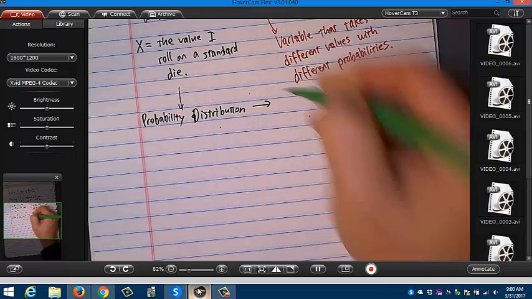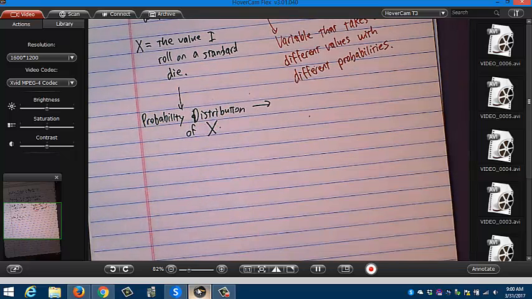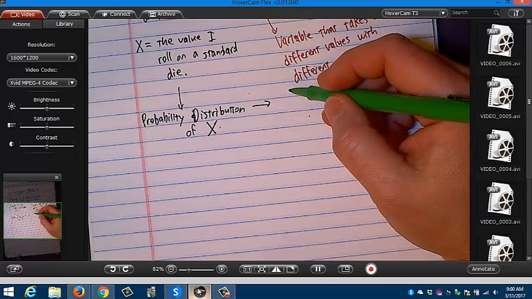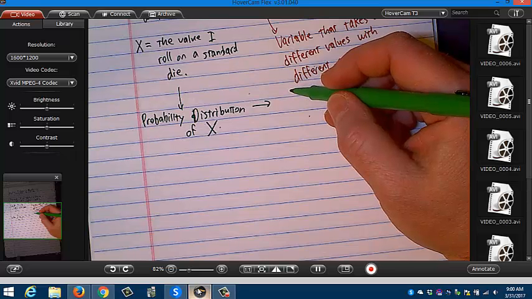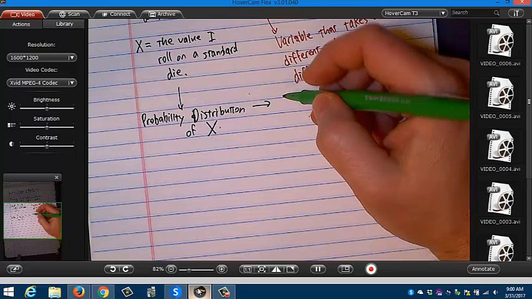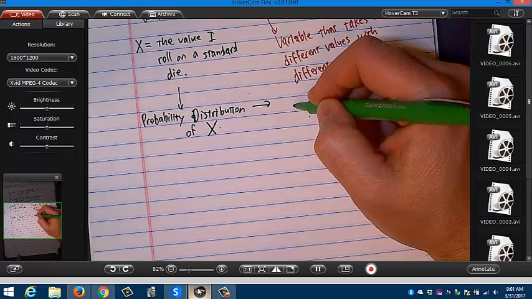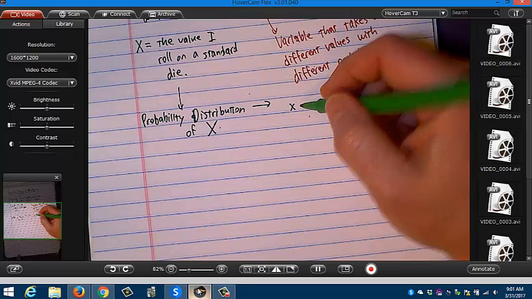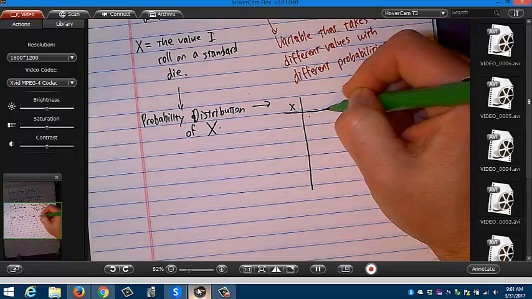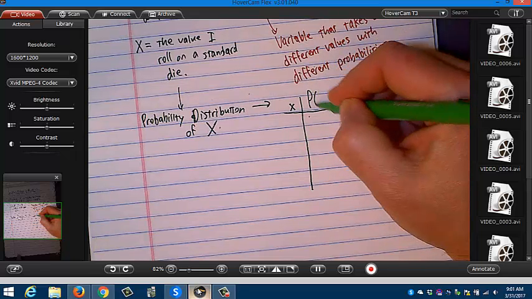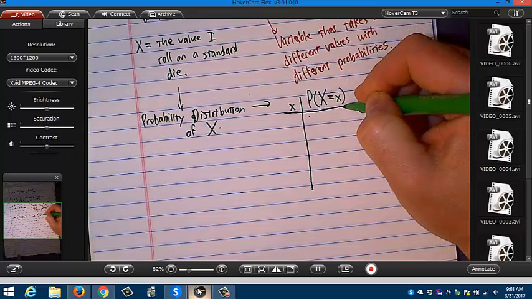It would look like this. Probability distribution of X. Remember how the very first thing we did in this class was we made what are called frequency tables? So I'm going to give you some various values, little x, and then over here a column that says the probability that big X equals little x.